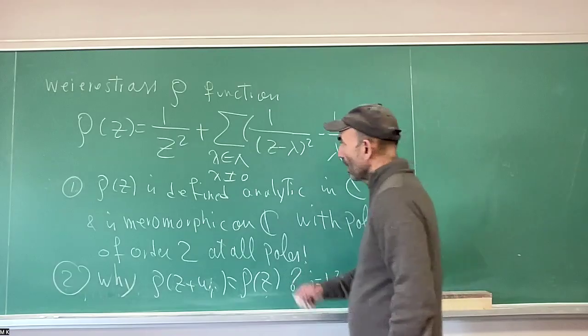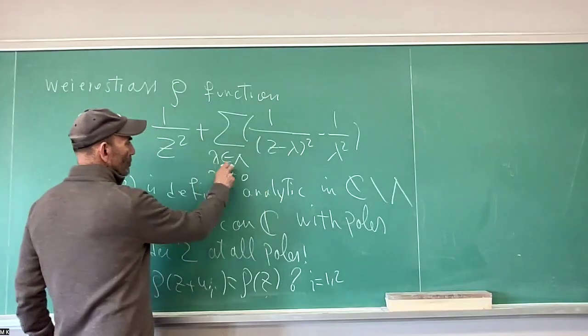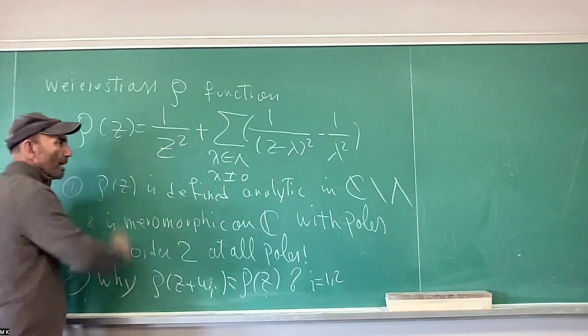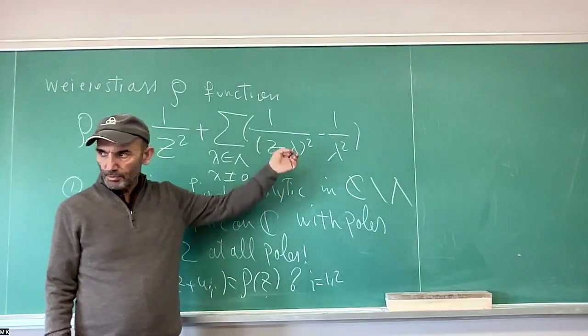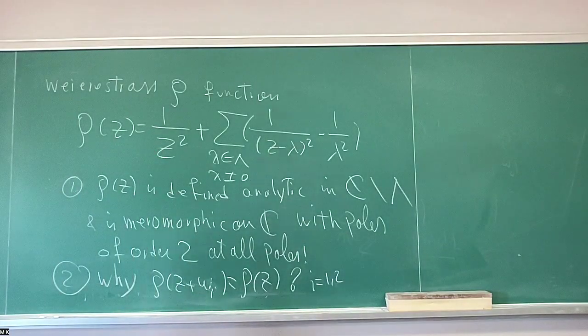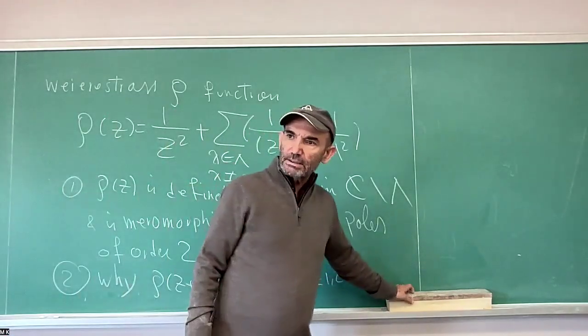Why is it periodic? If you just replace z by z plus omega i, it's not clear at all that this is going to be periodic or anything like that. So this is a very difficult, tricky question. But what you can do is differentiate this and see what happens.